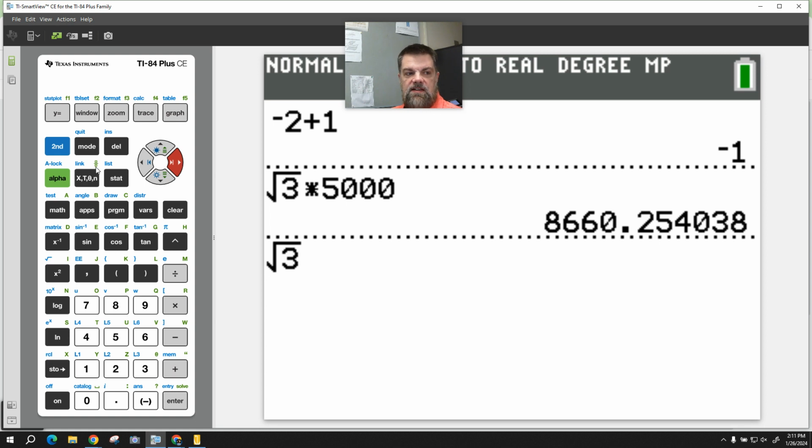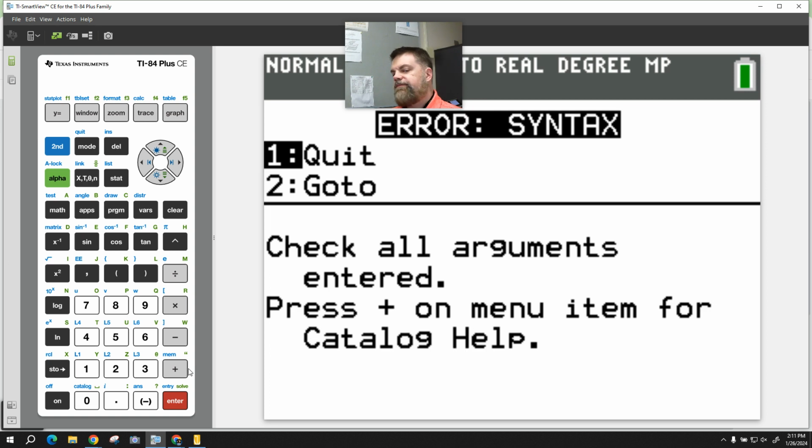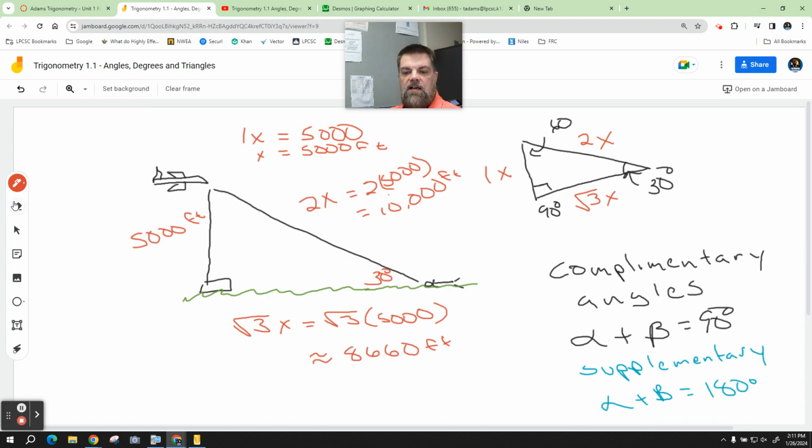Then you hit times, then you hit 5,000. His error was, he did it right, kinda, but when he hit this, he had this. And the calculator just doesn't know how to do that. Okay? So that'll come up again, probably. No big deal.